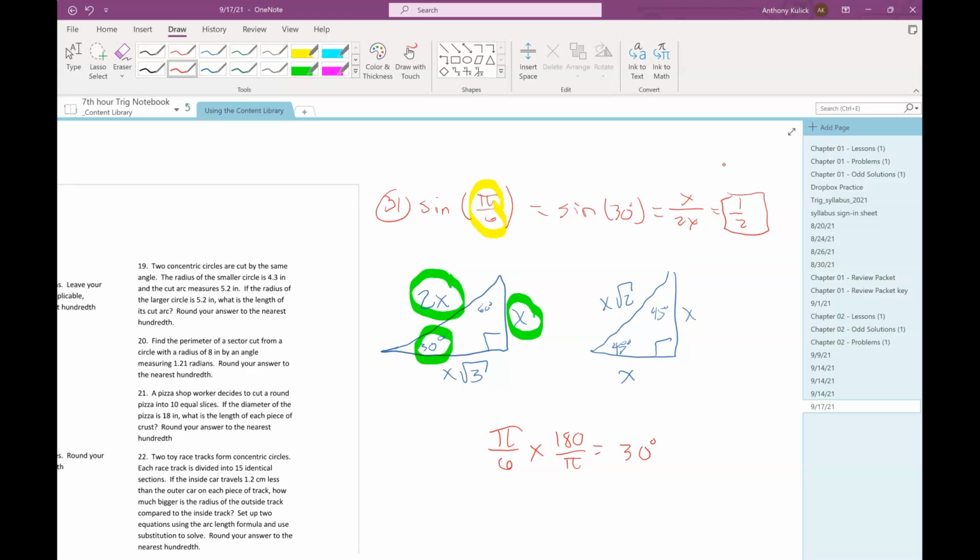All of these, 31 through 34, you're going to be using either that 30, 60, 90 or 45, 45, 90 triangle. These are triangles that are going to come up again in the next chapter and possibly the chapter after that even. So make sure you're familiar with them. Find a place in your notebook, write them in, put a big box around them so you can find them later, if you don't have them already memorized.